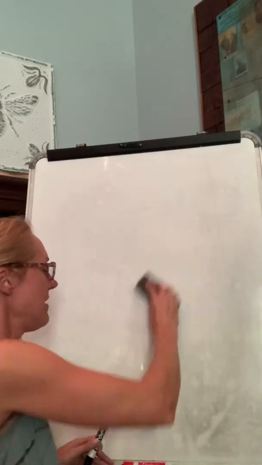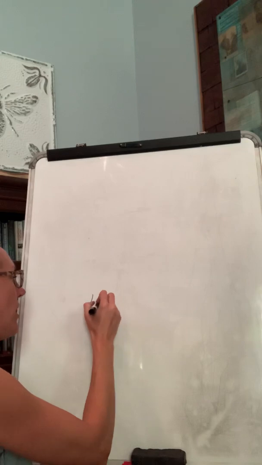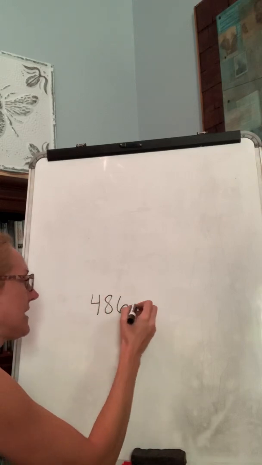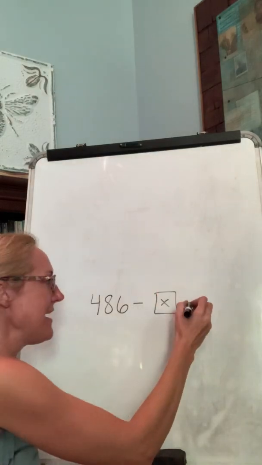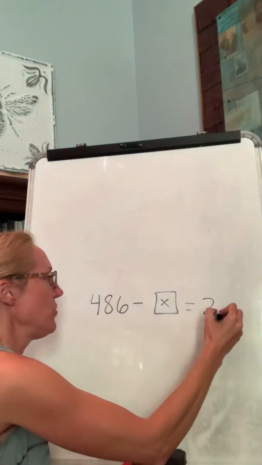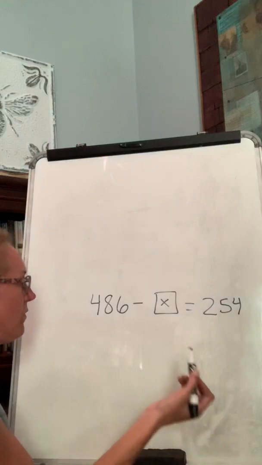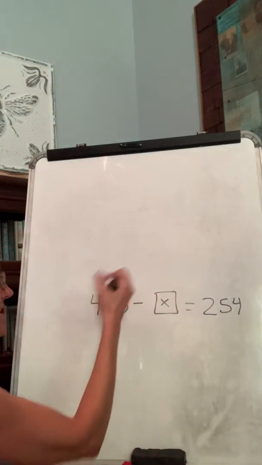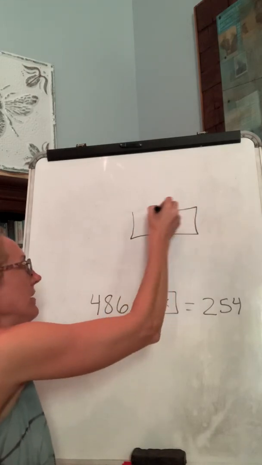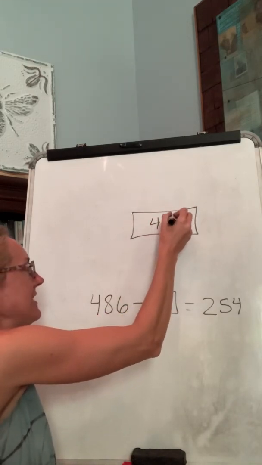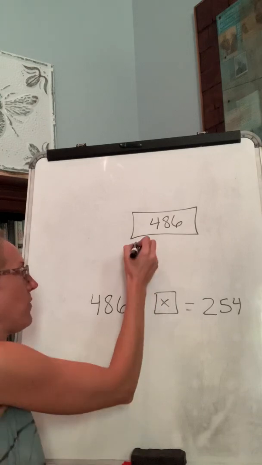What if it was bigger numbers? Let's say I have 486 minus X. I took something away, one part away, and it gave me this other part, 254. Well, this is the whole thing. We're taking a part away. So the whole thing is 486. We're taking away some part.